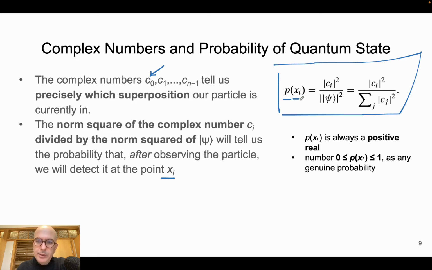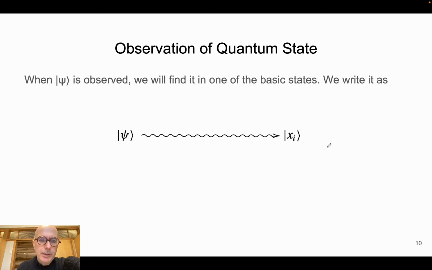Notice that pi is a probability, so this is always a positive real number, because we are taking the magnitude of a complex number, which is a real number, and then the square norm of a vector, that is also a positive real number. And also because we have this normalization at the denominator, this number is always between 0 and 1. So it's really like a probability.